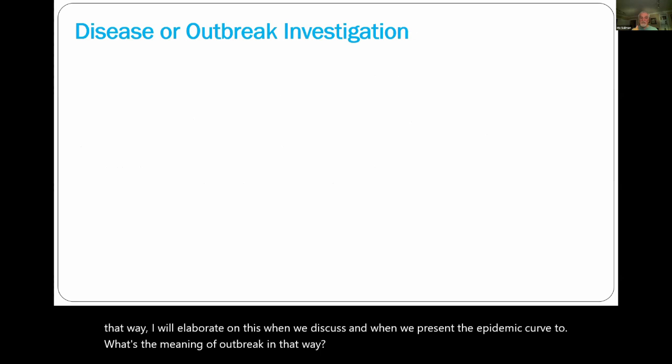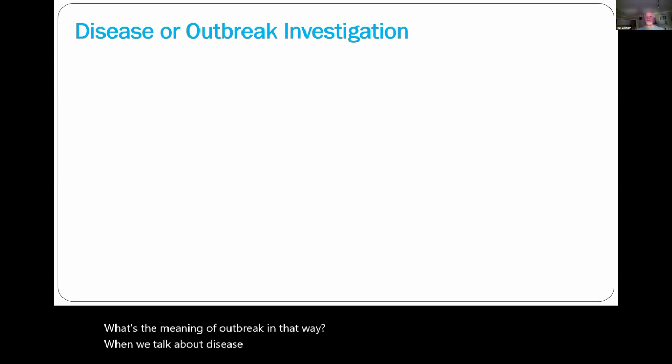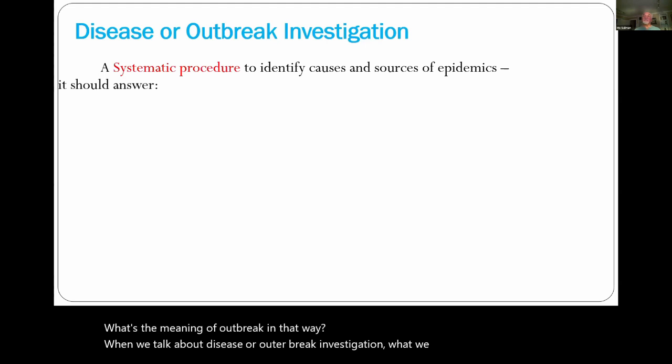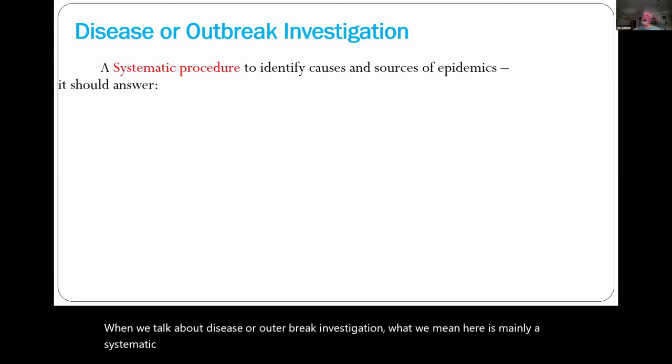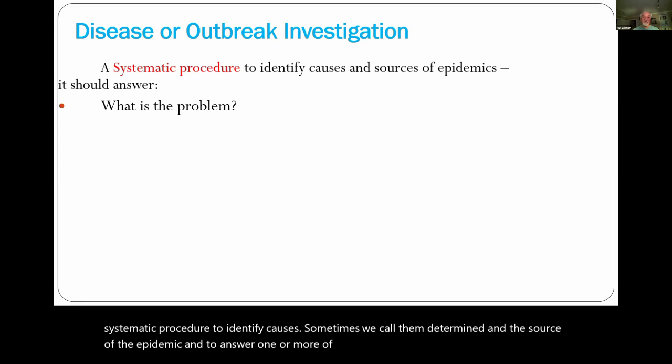When we talk about disease or outbreak investigation, what we mean here is mainly a systematic procedure to identify causes, sometimes we call them determinants, and the source of the epidemic, and to answer one or more of the following questions. What is the problem?